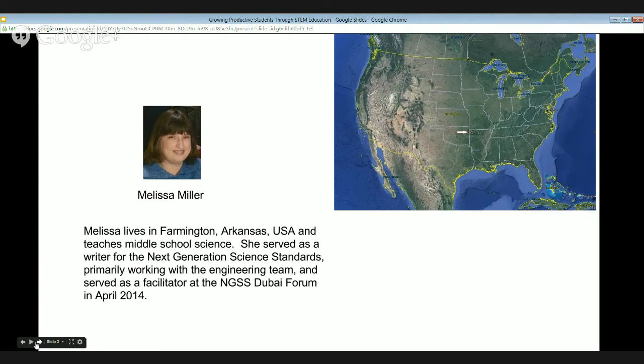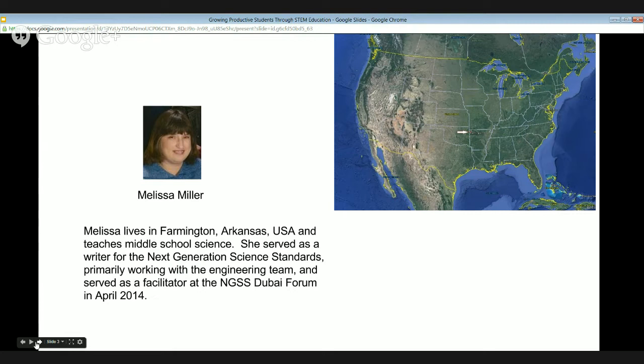Just a little bit about me. I live in Farmington, Arkansas. On the map here, you can see that's where my little white arrow is pointing. Farmington, Arkansas is a rural community just outside of one of our major university cities, Fayetteville. I did serve as a writer for the Next Generation Science Standards, and it was interesting.